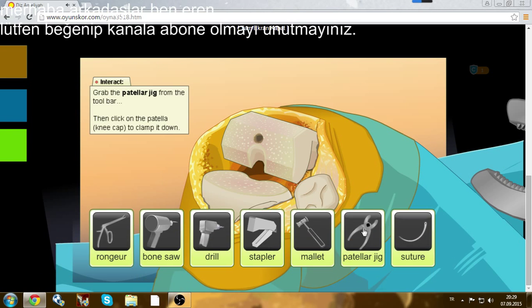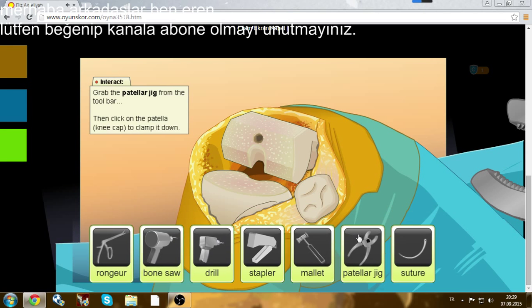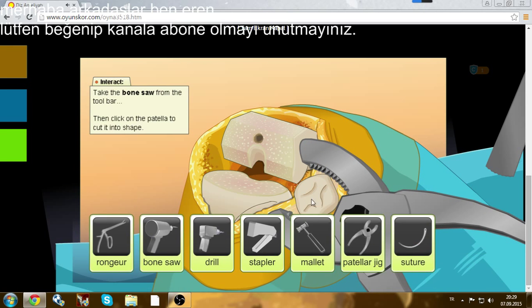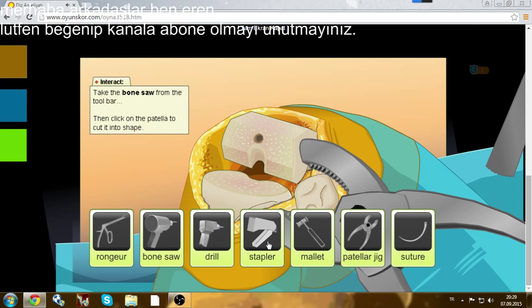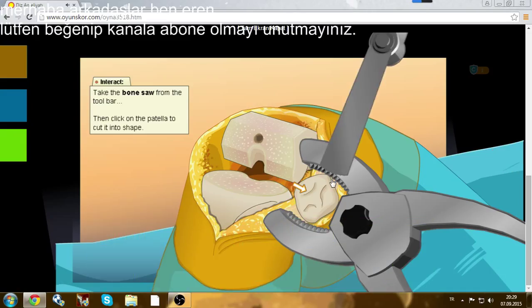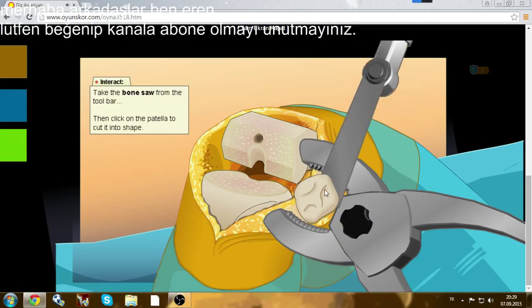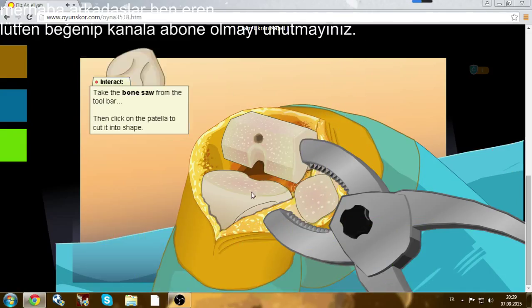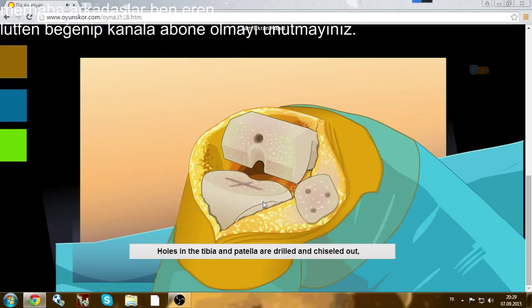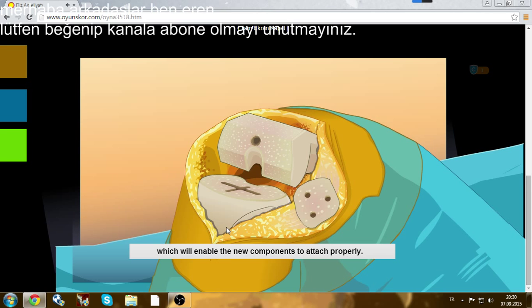Now we'll use the patellar cutting jig and bone saw to remove the back of our patient's patella. Holes in the tibia and patella are drilled and chiseled out, which will enable the new components to attach properly.